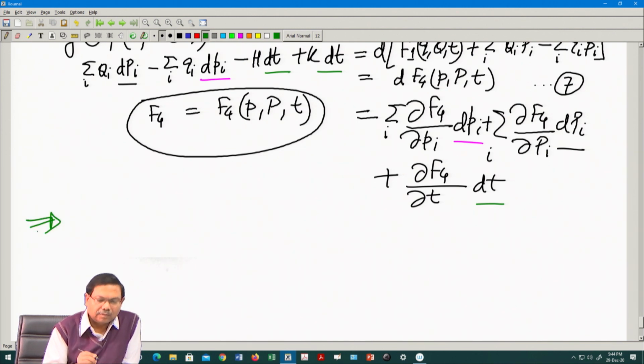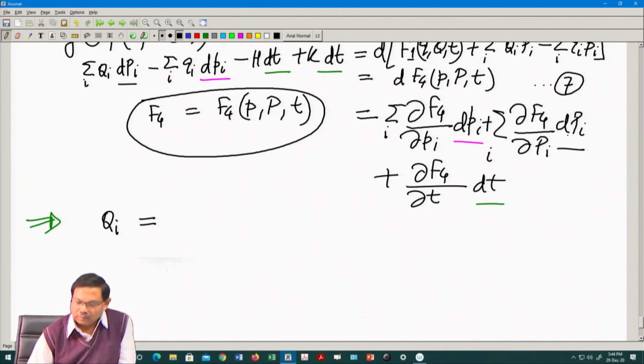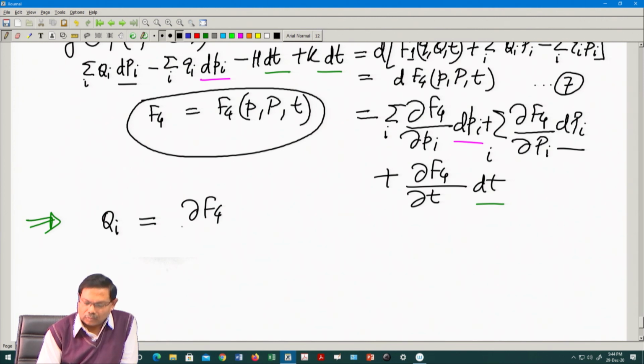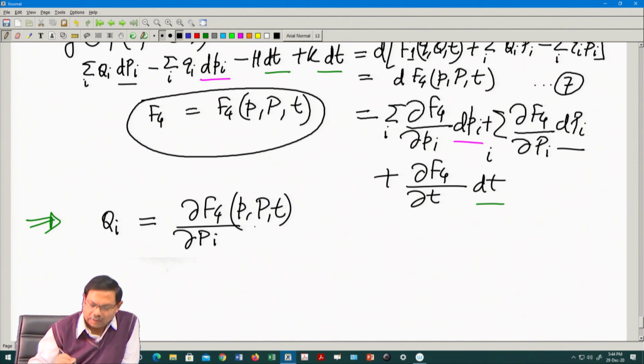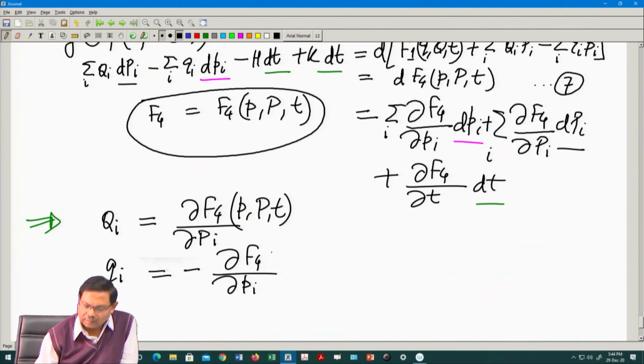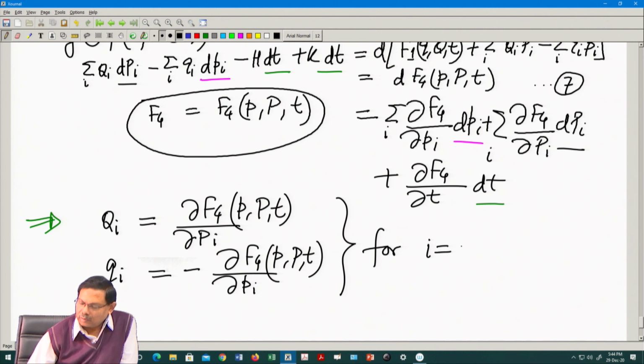If we do that, then we arrive at q_i equal to the partial derivative of F4 with respect to p_i, and F4 is a function of p, P and t, and similarly the coefficients of uppercase P_i give Q_i equal to minus the partial derivative of F4 with respect to P_i, for all i's.